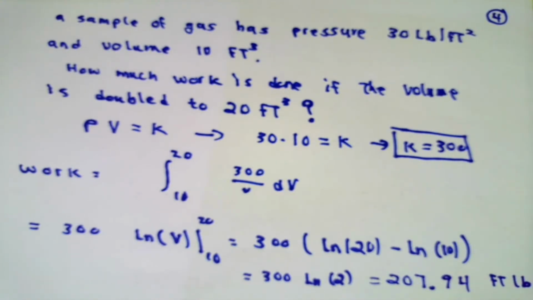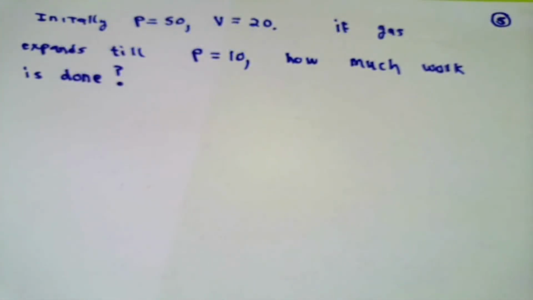I've written out 5 significant figures. That should be enough. Sometimes people will make minor variations on a theme in this kind of question just to make sure that you're paying attention. So imagine that initially the pressure was 50 and the volume was 20. If the gas expands until the pressure is 10, how much work is done?